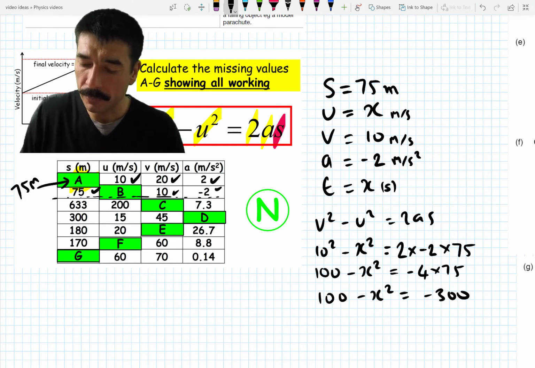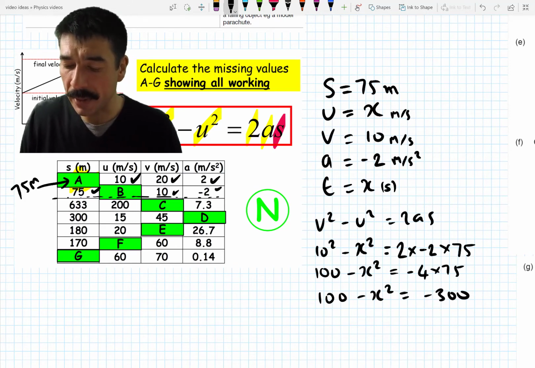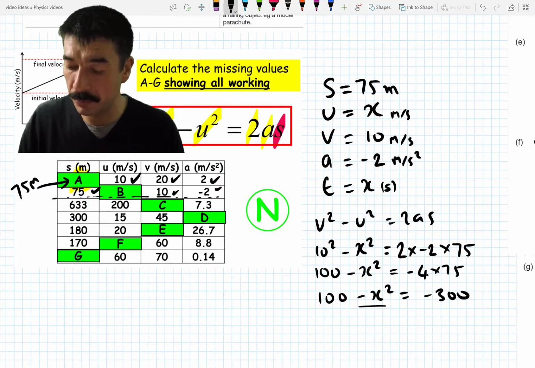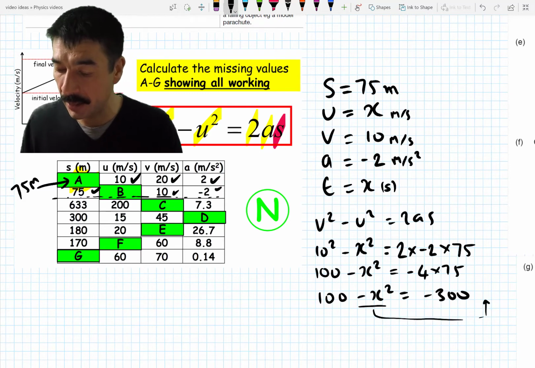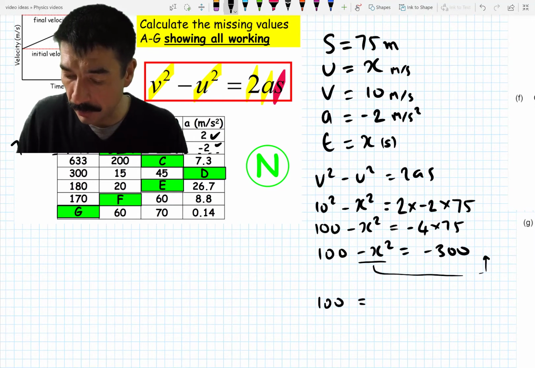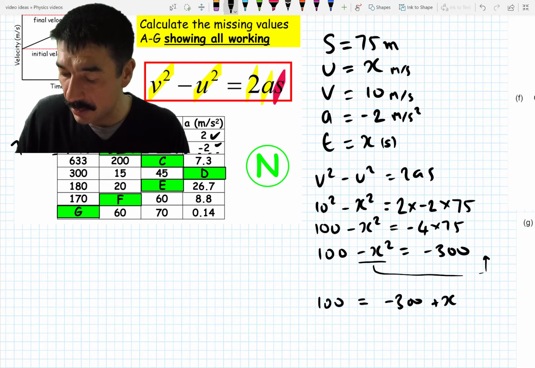So x squared is being subtracted here. So I think I'm going to add it to the other side. That will shift the x squared over to here. So I'll do that now. 100 will be equal to -300 plus x squared.